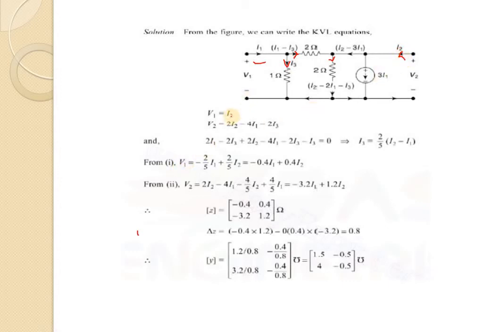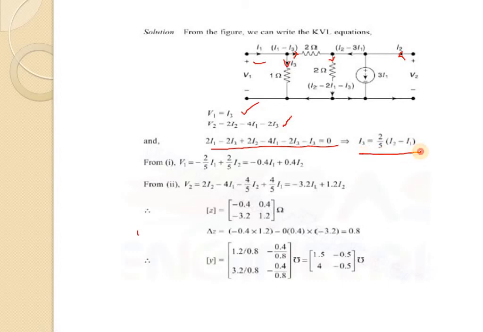So we can write that V2 equals 2I2 minus 4I1 minus 2I3, and V1 equals I3, and 2I1 minus 2I3 plus 2I2 minus 4I1 minus 2I3 minus I3 equals 0.